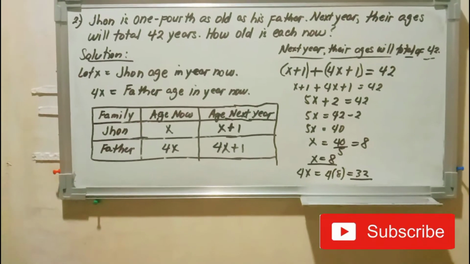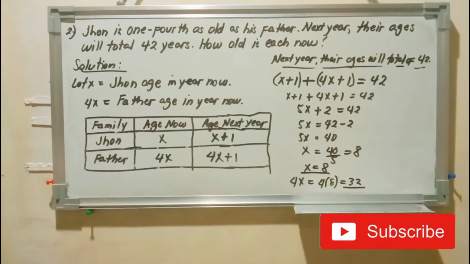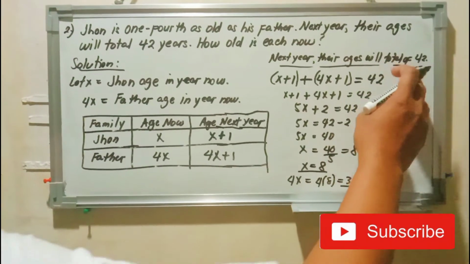Now to check this problem, the sum of their ages next year is 42.